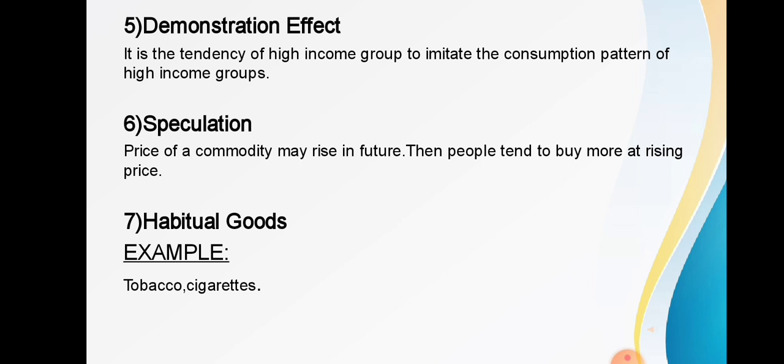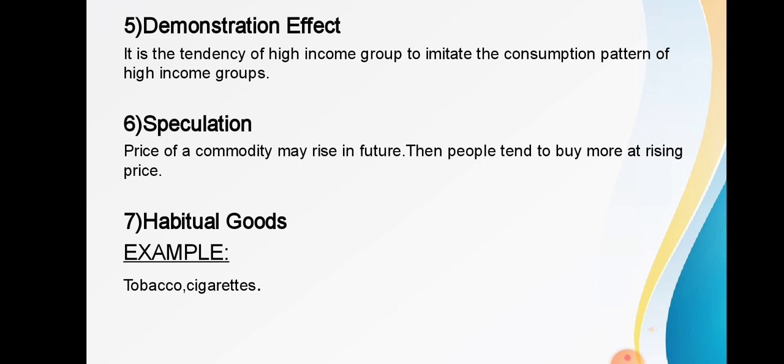Even if the prices of some goods like sugar and oil are rising before Diwali, people go on purchasing more of them at the rising prices because they think that the price of these goods may increase further during Diwali. That is why this is also an exception to the law of demand.